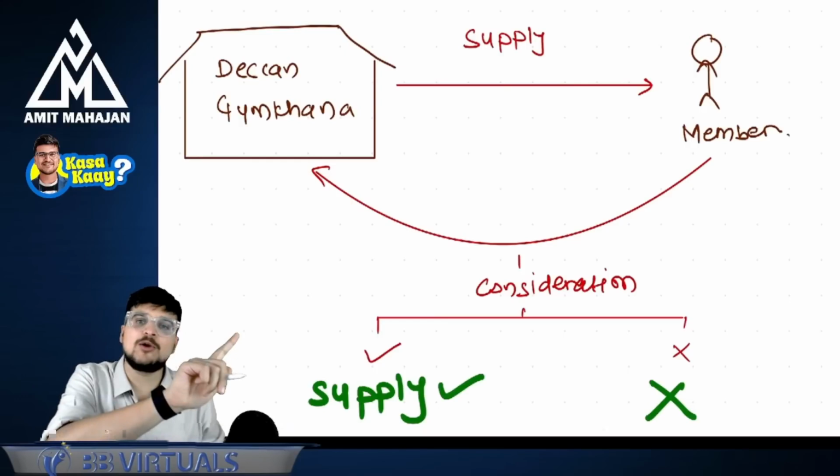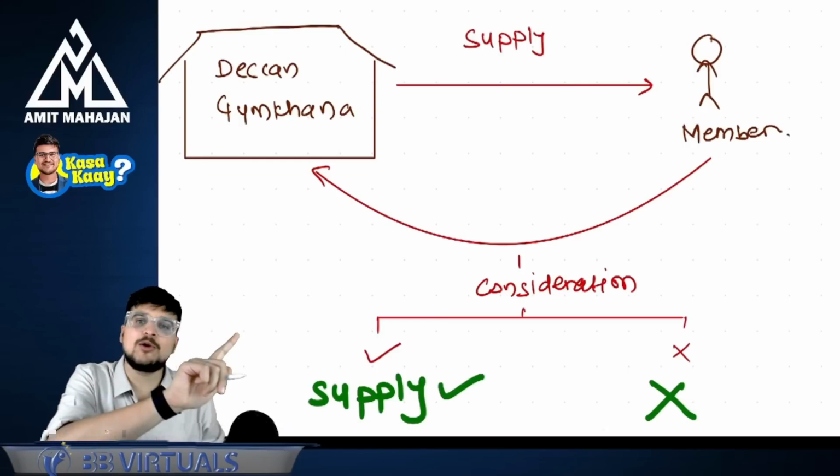But if consideration is not charged, then in that case, we will see whether the services have been imported from a related party or from an unrelated party. When I say related party, I'll tell you the meaning: related party or distinct persons.